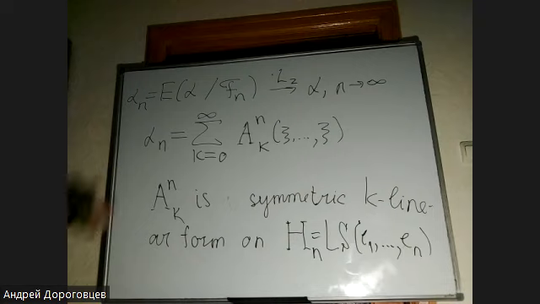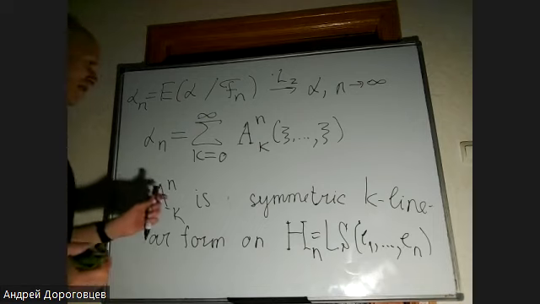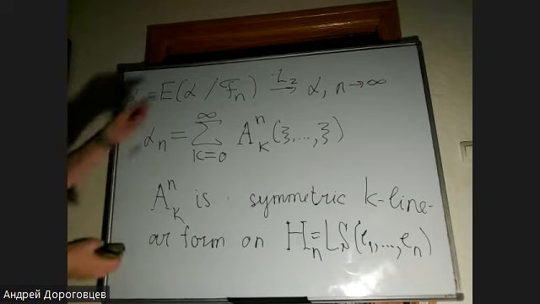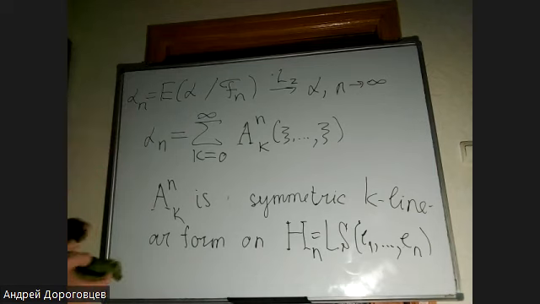Okay, then what we already said is that alpha^n tends to alpha.